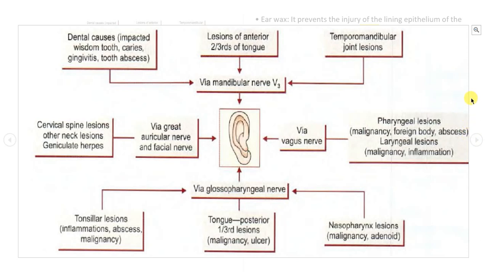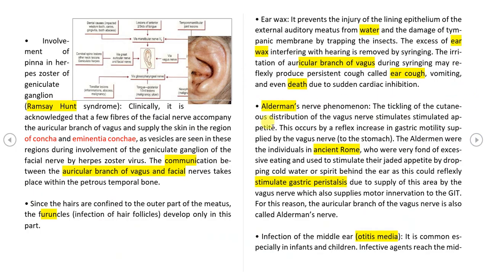Initially, there is an acute phase of infection, suppose acute otitis media. If it is not treated or is progressing, it will convert into chronic suppurative otitis media, also known as ASOM and CSOM. It can spread infection to the internal ear as well, and there are symptoms accordingly.